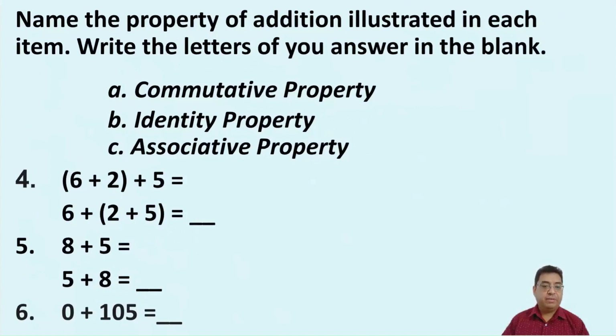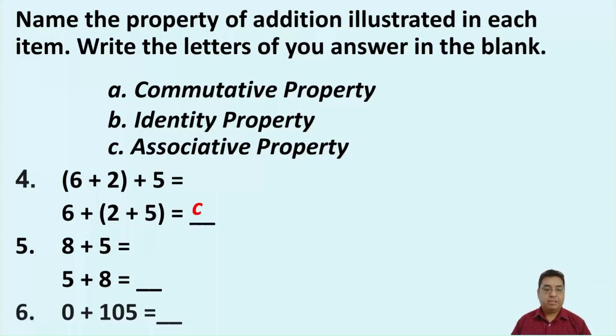Now let's take a look at 4, 5, and 6 and do the same thing. Number 4 has 6 plus 2 plus 5 with 6 plus 2 in brackets on top. And then underneath it, 6 plus 2 plus 5 with 2 plus 5 in the parentheses or brackets. So which property is it? That's right, it's going to be C, the associative property. How about number 5?